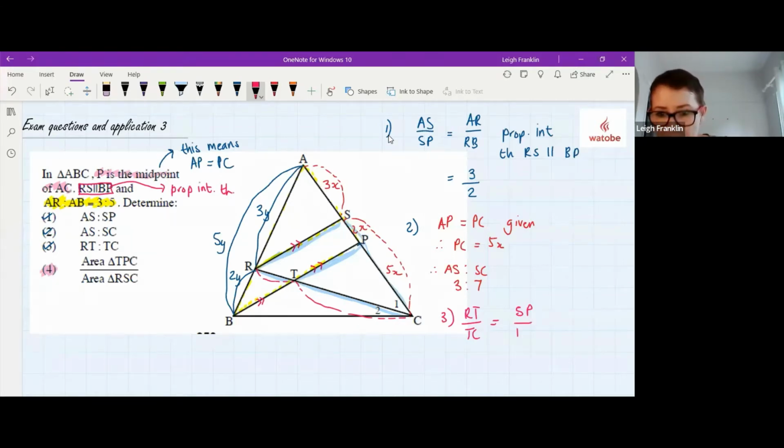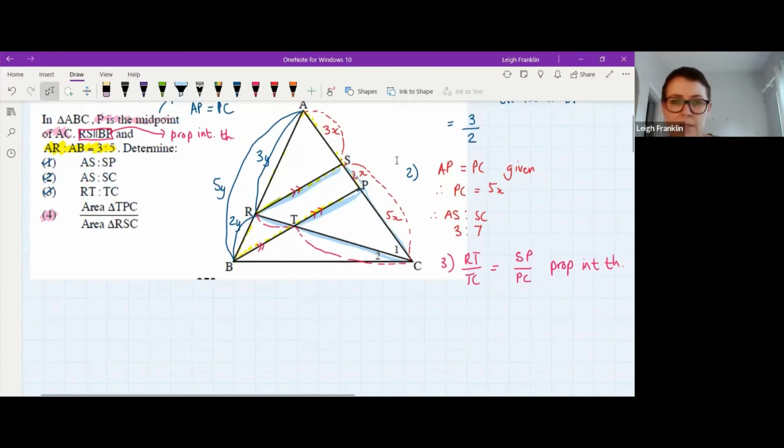Beautiful. And again, we would say proportionality intercept theorem. Name our parallel lines. That's because RS is parallel to TP. Okay, so now we can go ahead and fill that in. SP we know is 2 and PC we know is 5. Excellent. Thanks, Tobile. Good job.